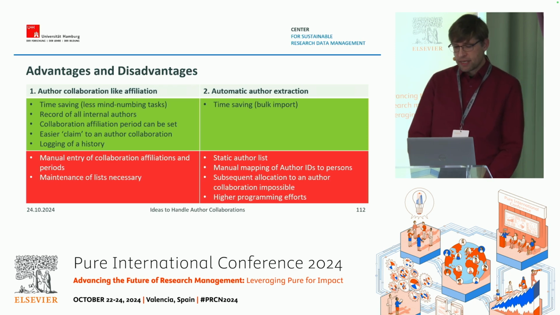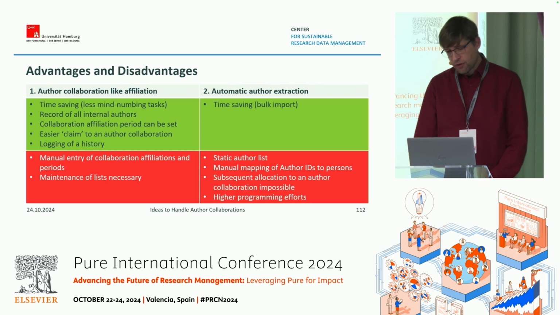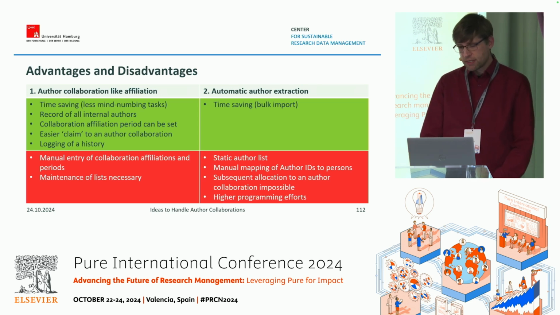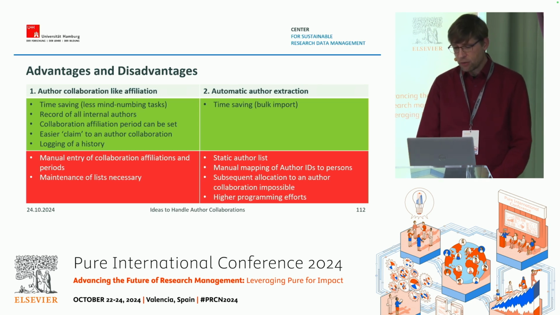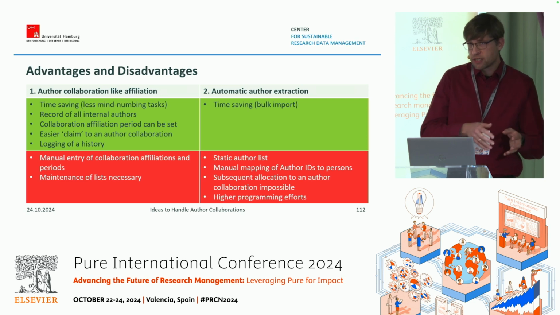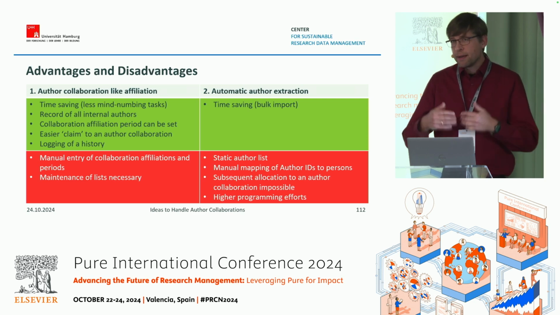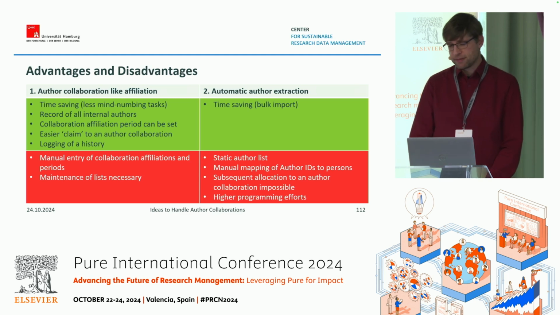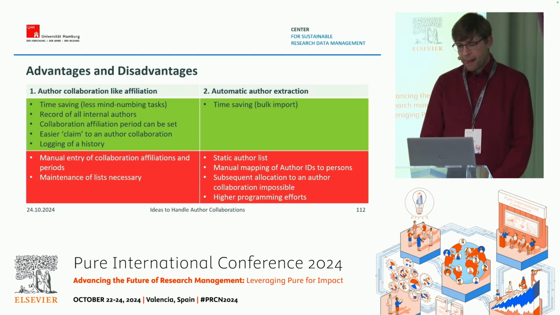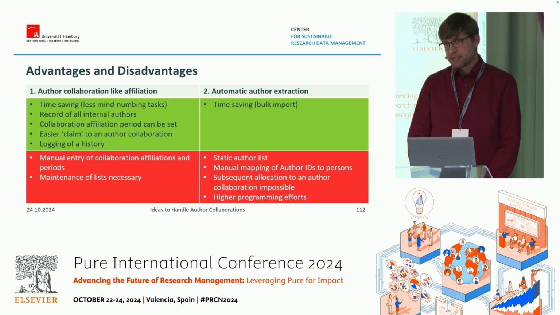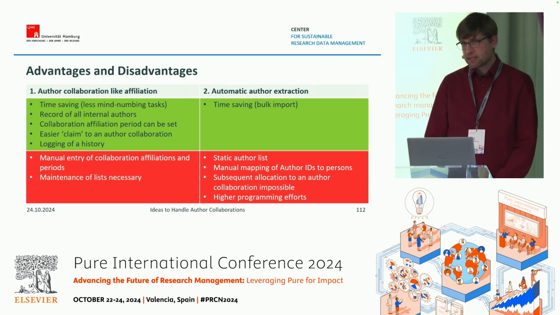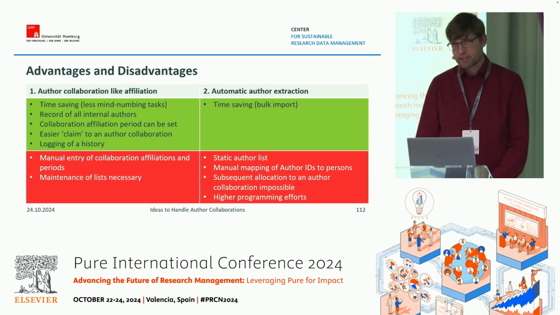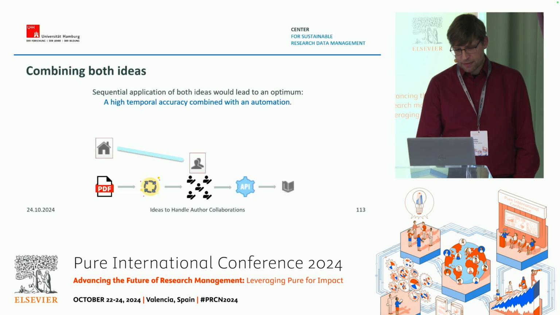One further disadvantage is that you cannot subsequently allocate to this collaboration. Of course, you can import the publication again, which is always possible. And the biggest disadvantage is that this needs higher programming effort when we realize this idea.